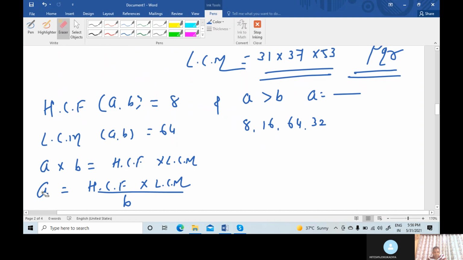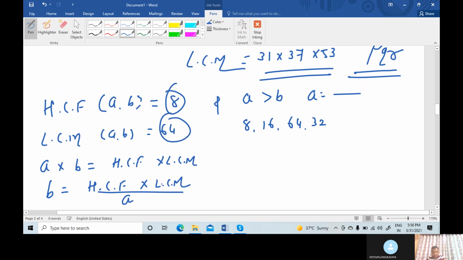You can change it either way, no problem. Both are right. Now we go to the options. Our HCF here is 8.